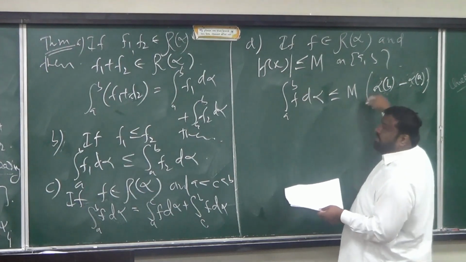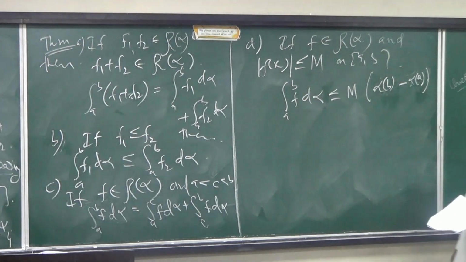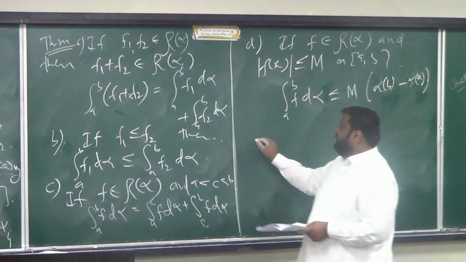So you're going to have m times (alpha of b minus alpha of a). That's what it means.